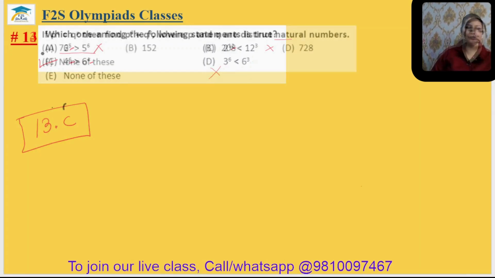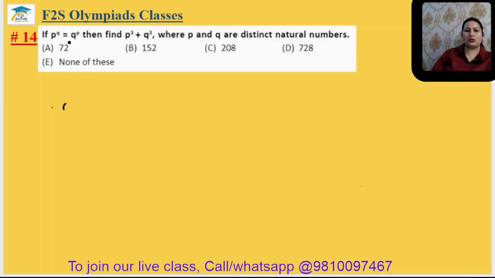Okay. Question number 14. If p to the power q equals q to the power p, then find p cube plus q cube, where p and q are distinct natural numbers. So we can see p to the power q and q to the power p. When is it possible?